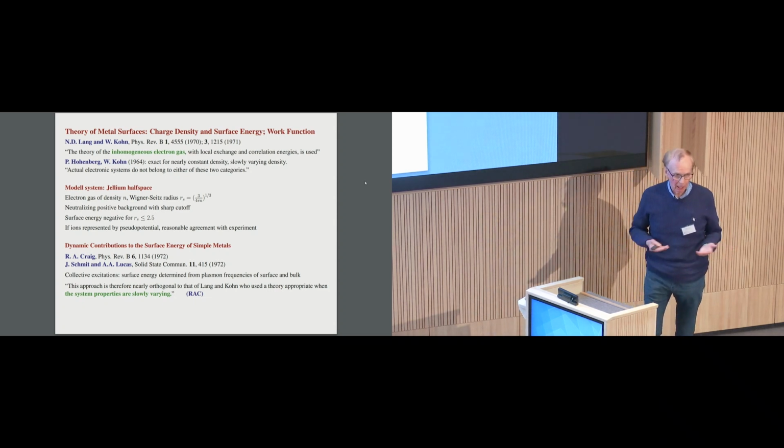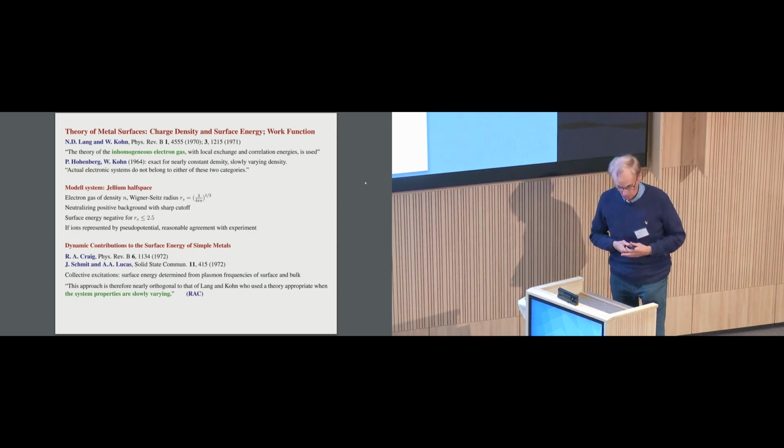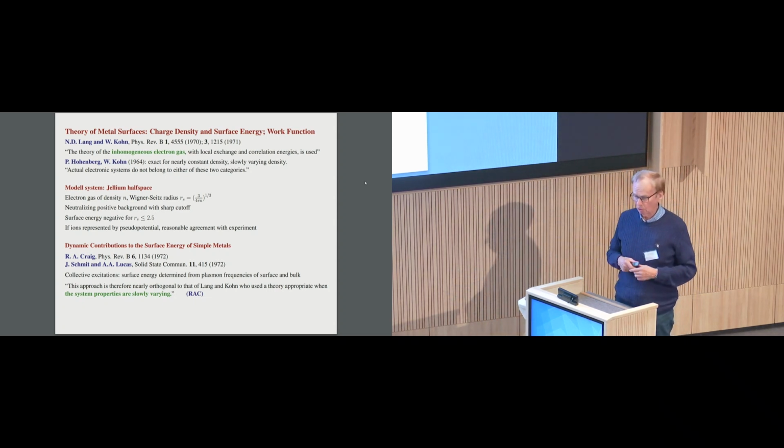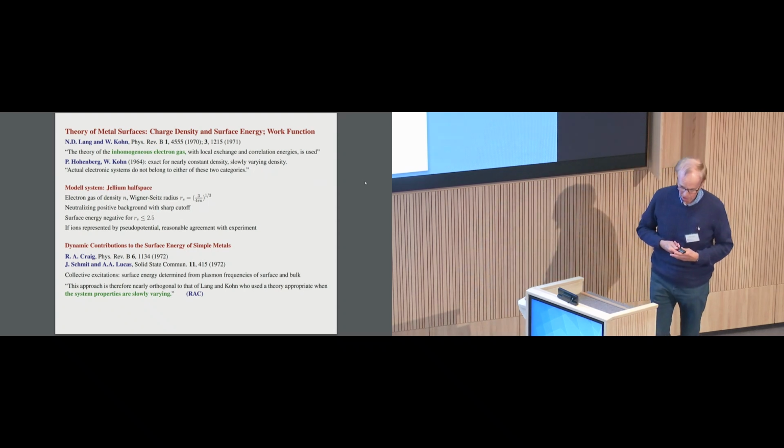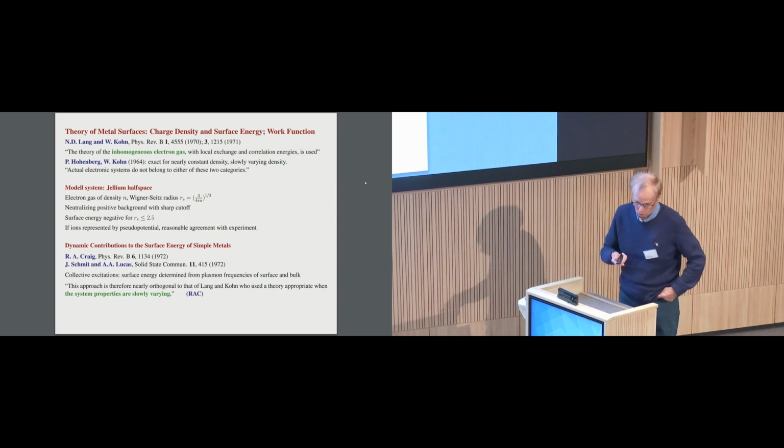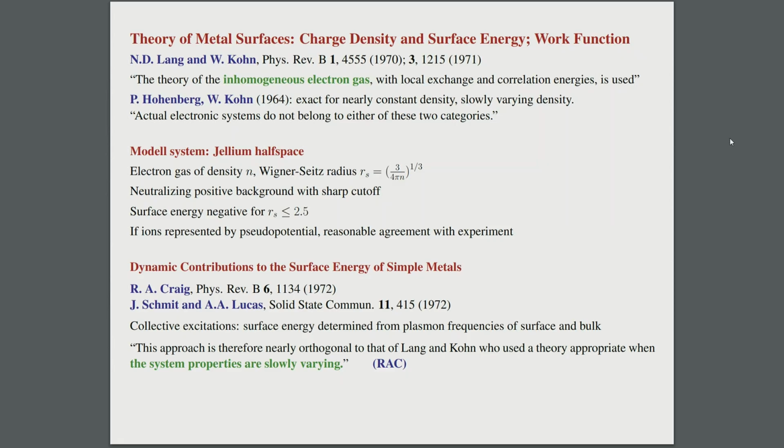This was carried out for electron densities over a range typically from around the alkali metals, around 5, to aluminium, beryllium, 2 or 2.5. They found that if you made some changes in systems that are very high density, using a pseudopotential, you can get a very good description of the experimental numbers.